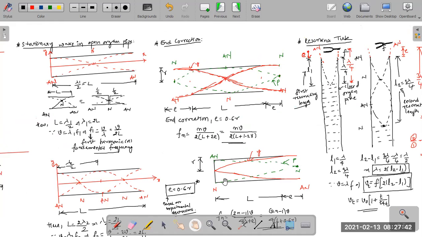So coming to the sonometer experiment, you can see the diagram. You can imagine the diagram easily. They fix the wire at one end. At the other end, they hang some mass through a pulley. So definitely there will be some tension developed in the rope.